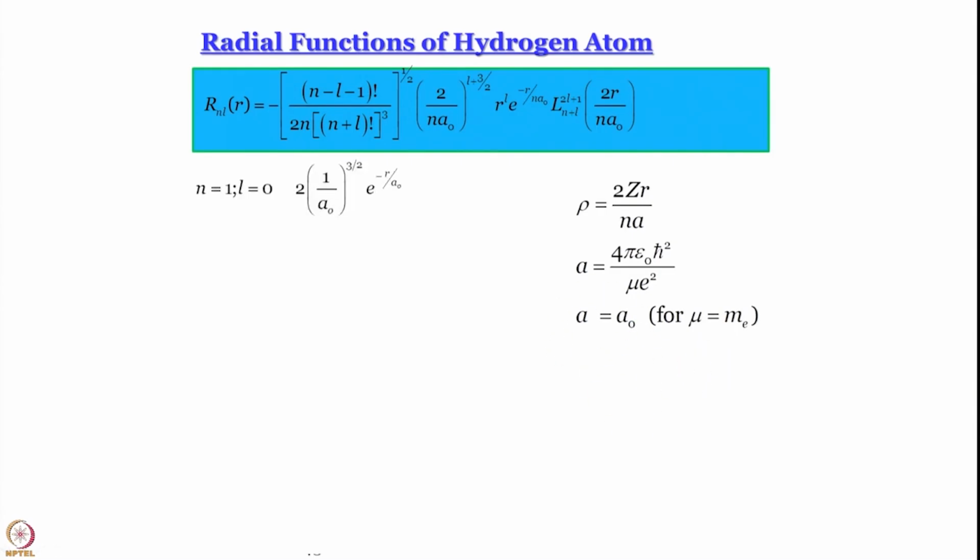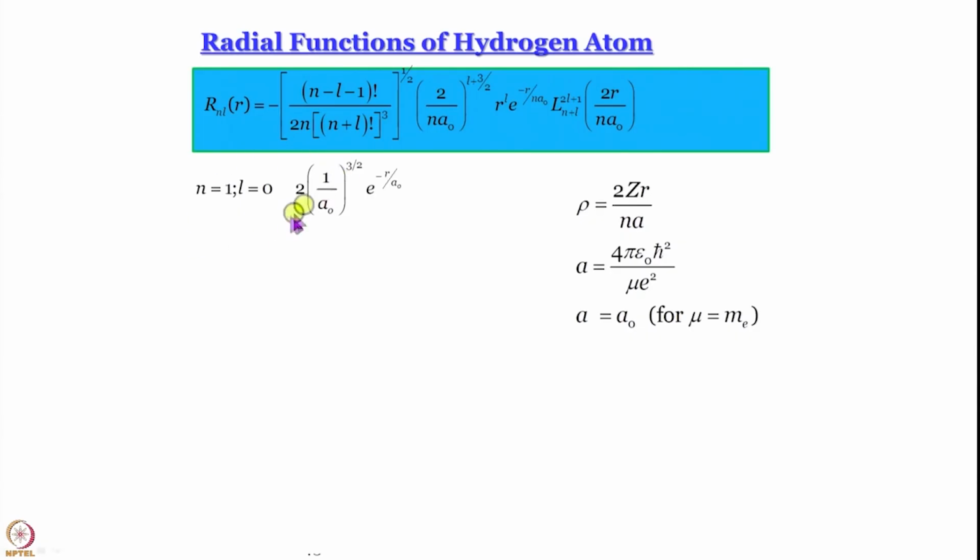Okay. Now, this is the radial part of the wave function that we get for n equal to 1, L equal to 0, and just for the record it is the only part. Remember when L equal to 0, then the theta part and phi part are just constant.